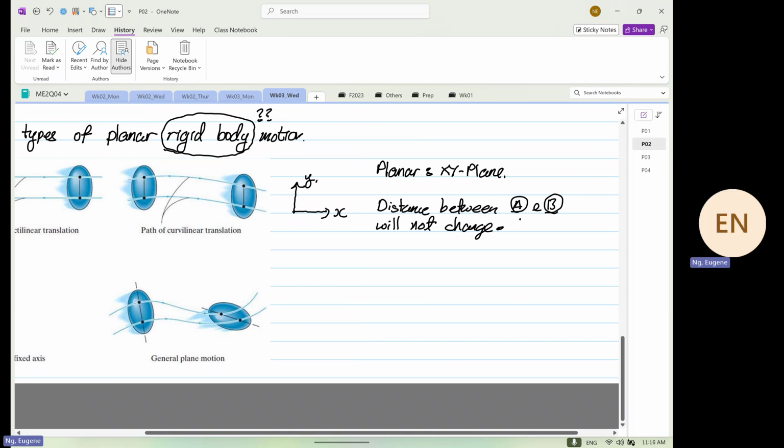So this is where we assume rigid body. Are we clear?